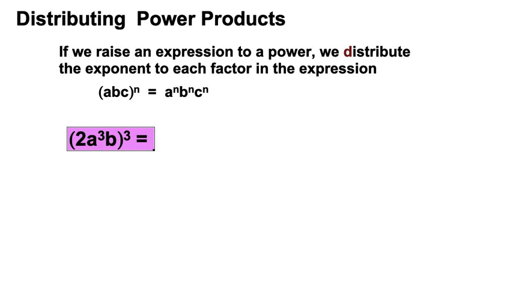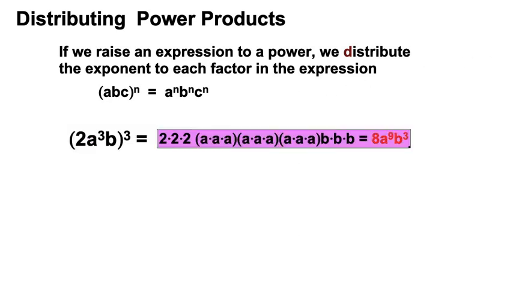And again, every factor inside there, the 2 must be raised to the 3rd power. A to the 3rd raised to the 3rd power. And the b is raised to the 3rd power. Now, if you don't know that 2 cubed is 8, well, you figure that out. 2 times 2 is 4, 4 times 2 is 8.